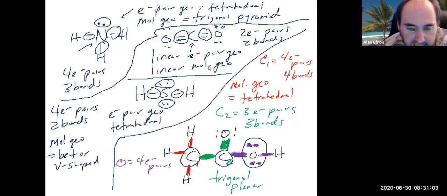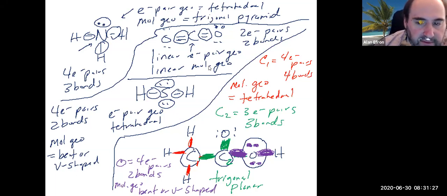It has 1 bond here, I'll make it really thick, and 1 bond here, for 2 bonds. So in this case, the oxygen at the end has a molecular geometry of bent or V-shaped.